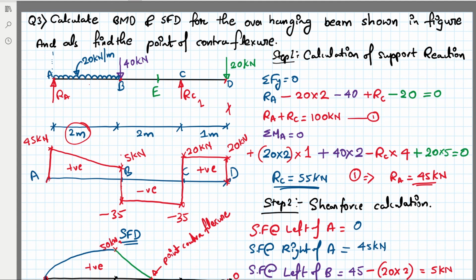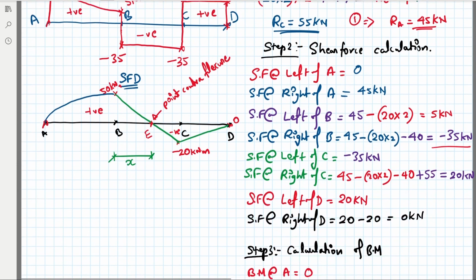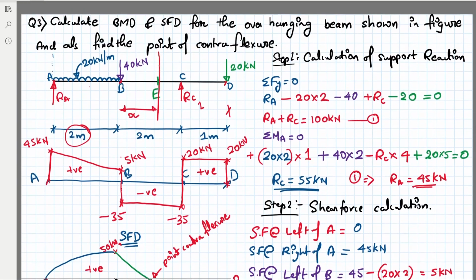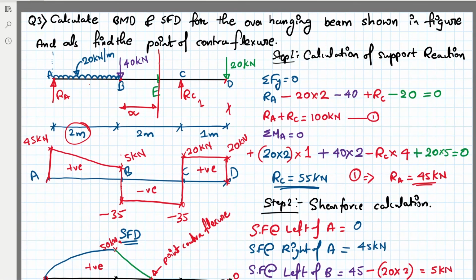I will take it here as E, then take one section at E. Now I am going to calculate the bending moment at E and set it equal to 0, since I have taken it at a distance of x. I will consider the left side of that particular section.